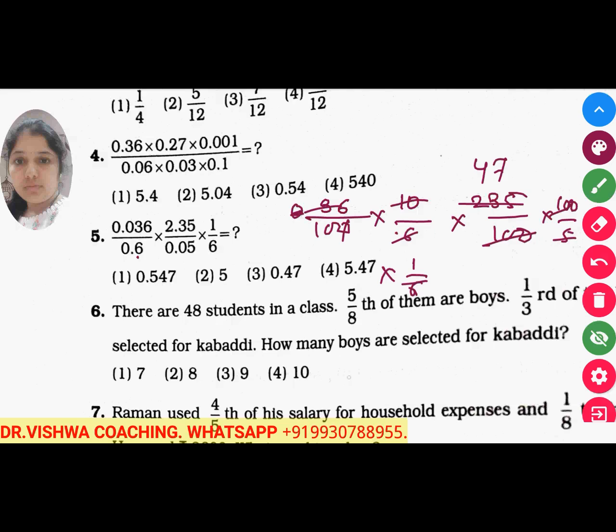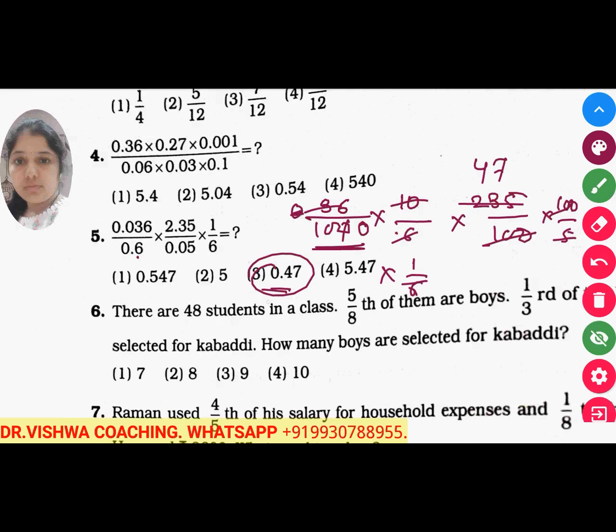Something is left. So this is 1000 na, so 100 is remaining, so 0.47 is your answer. 47 upon 100 means 0.47.